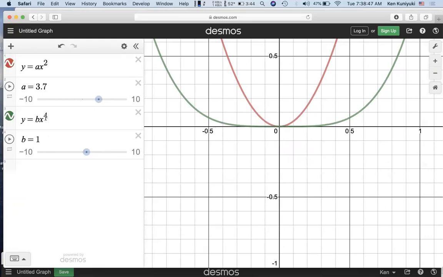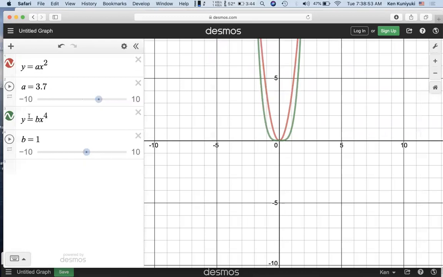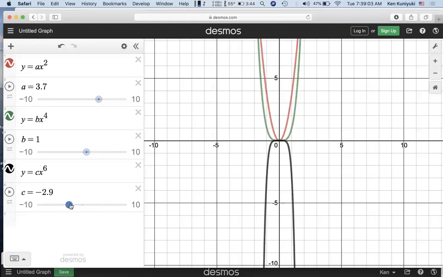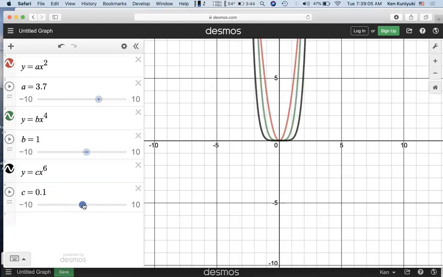So notice that the higher the degree is, the flatter the graph is close to the origin. Far away from the origin, the green graph's actually steeper. And so forth. Y equals cx to the sixth. Again, bowls opening up or down. Flat, very flat, near the origin. For example, 1/2 to the sixth is very close to 0.